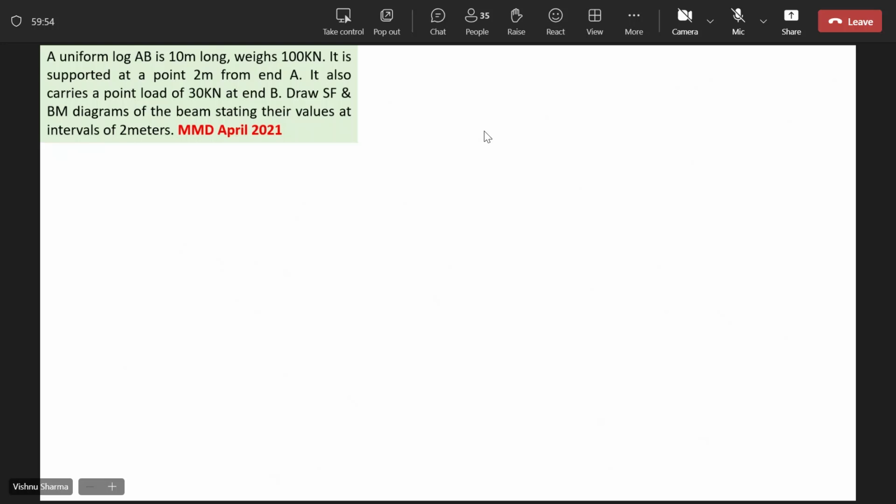It is supported at a point 2 meters from end A. It also carries a point load of 30 kilonewton at end B. Draw SF and BM diagram of the beam stating their values at intervals of 2 meters.